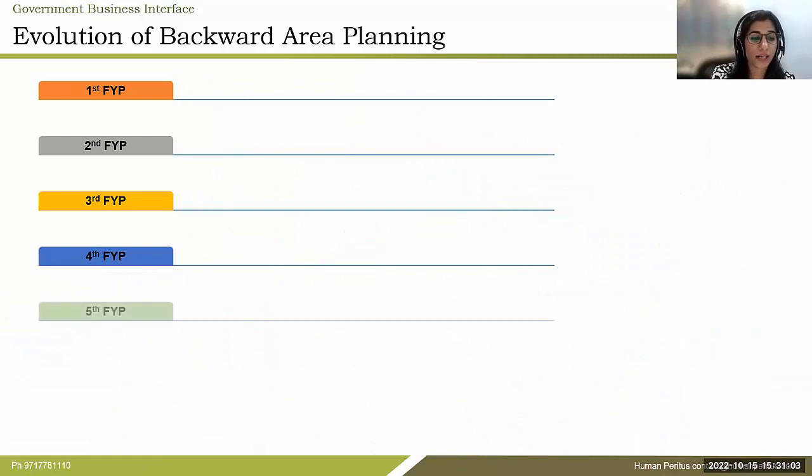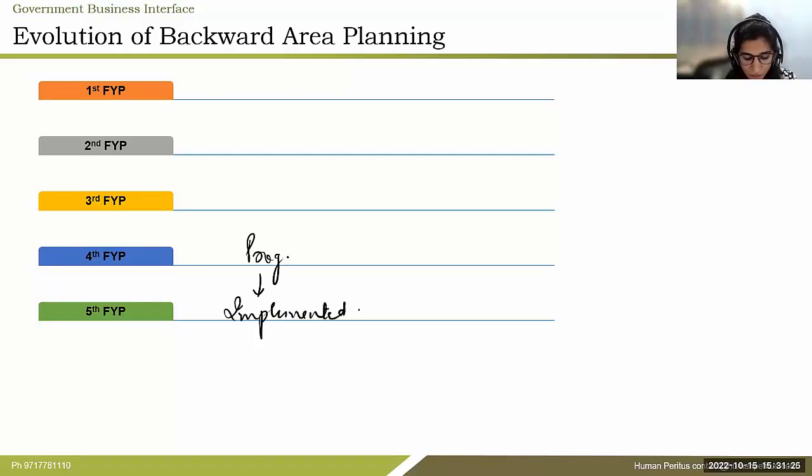Next is the fifth 5-year plan. Now, what happened in the fifth 5-year plan? All the programs which were there in the fourth 5-year plan were being implemented in the fifth 5-year plan.